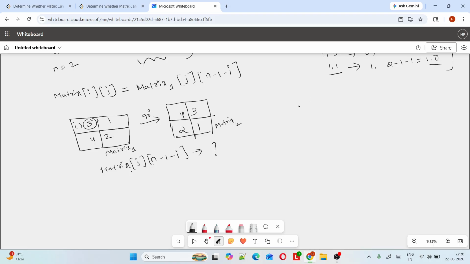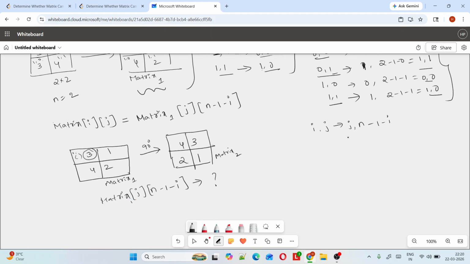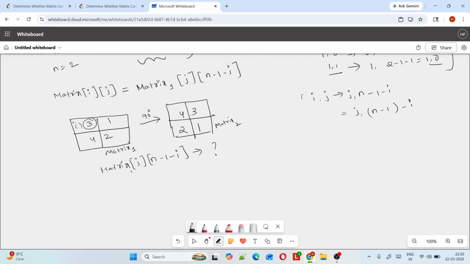See, if you see here i comma j, you have kept as j comma n minus 1 minus i. So that means j comma n minus 1 minus i. Similarly, can we derive this using this equation? Can we derive this, j comma n minus 1 minus i? Let's take this as i.